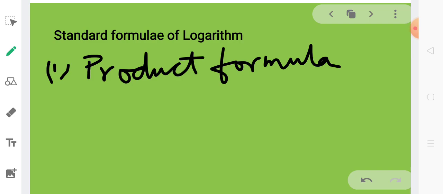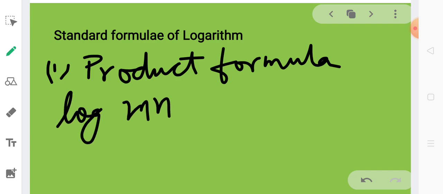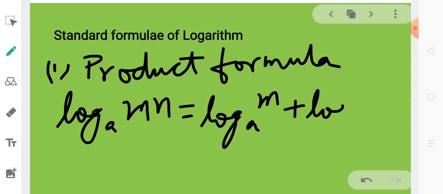The product formula is written as log of m into n for base a is equal to, now you will be surprised to see that a product changes into simple addition, simple summation, log of m to the base a plus log of n to the base a.